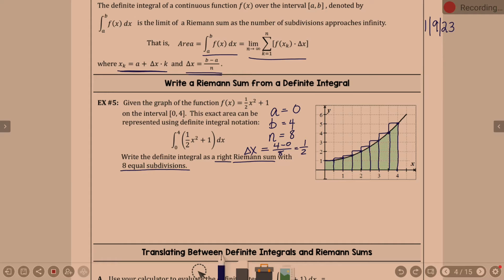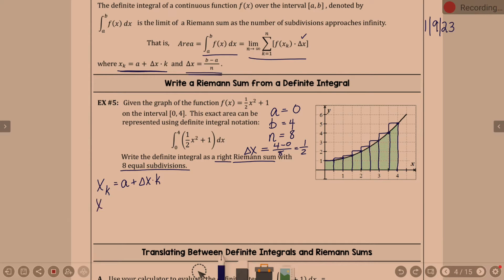Now, as we go about finding these pieces, we've got the width here. We've got delta x. What we've got to find here is f of x of k. It's a tongue twister. So let's start with figuring out what is x of k. And if you go back up here, x of k is a plus delta x times k.